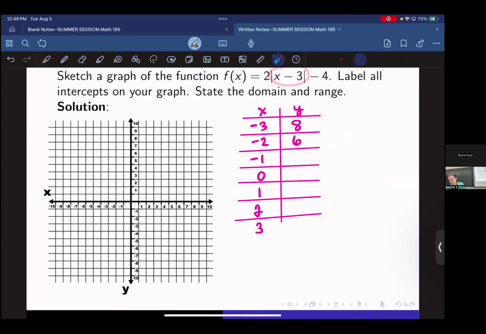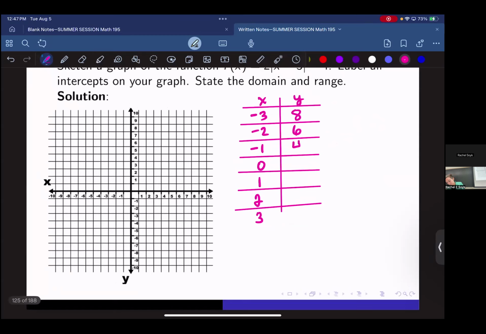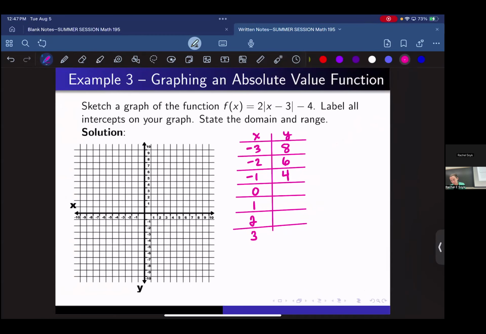-1 minus 3 is -4, shoots out to +4 times 2 is 8, minus 4 is 4. 0 minus 3 is -3, that shoots to +3 times 2 is 6, minus 4 is 2. 1 minus 3 is -2, shoots to +2 times 2 is 4, minus 4 is 0. 2 minus 3 is -1.